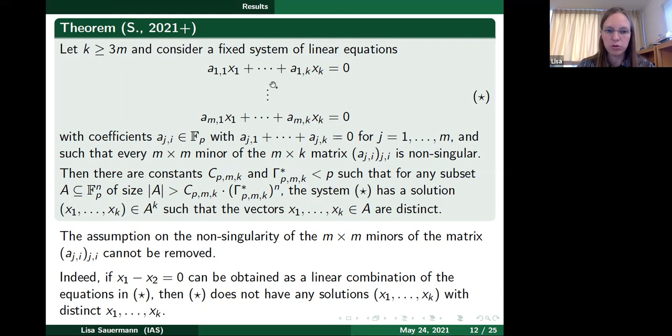Then clearly every solution to the system satisfies that x_1 equals x_2, and so in particular, there can't be any solutions with distinct x_1 to x_k. So clearly we need to make some sort of assumption on the structure of the system. Possibly this genericity assumption could be weakened. I'll say a bit more about that at the end, but certainly it can't just be removed.